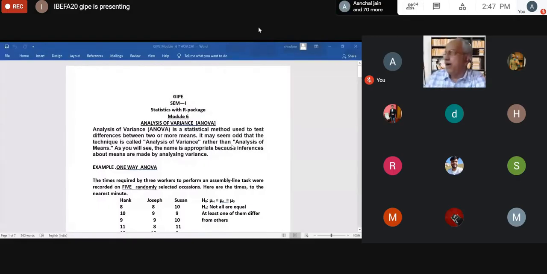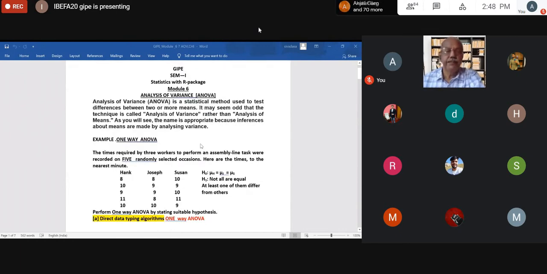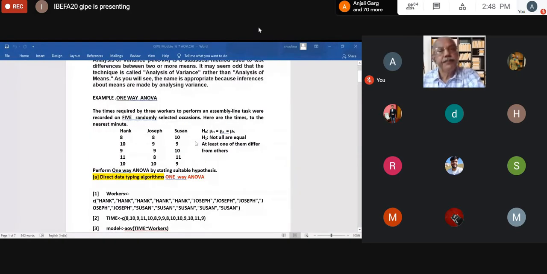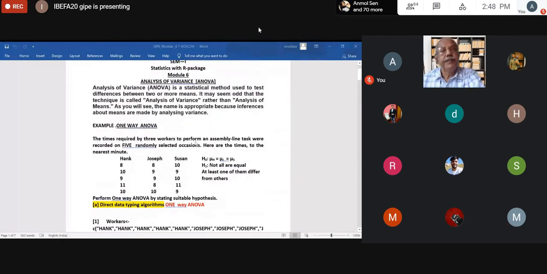Whether it is ANOVA, chi-square, correlation, or regression, every approach will be by the p-value approach. The remaining modules 6 and 7 are generalizations of whatever we have done.